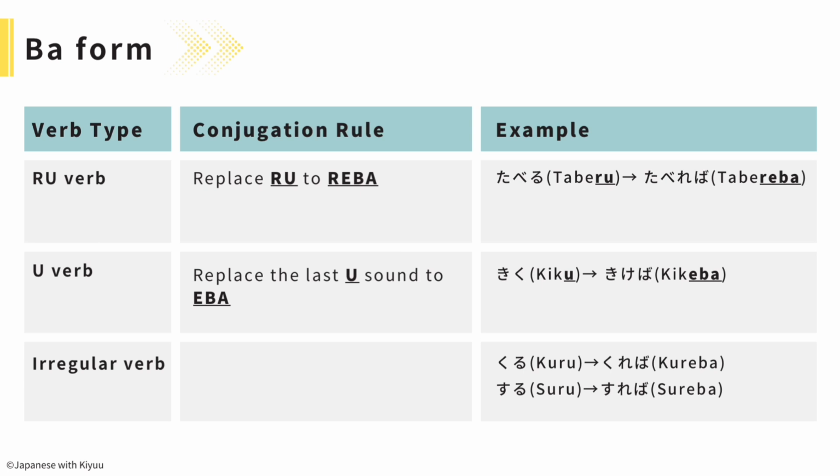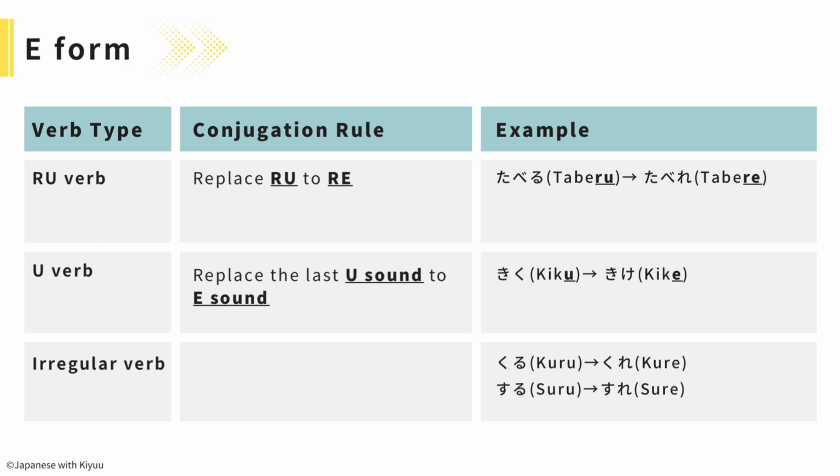ば form: る verb, replace る to れば. For example, 食べる is 食べれば。う verb, replace the last u sound to えば. For example, 聞く is 聞けば。Irregular verb, 来る is 来れば。する is すれば。E form: る verb, replace る to れ. For example, 食べる is 食べれ。う verb, replace the last u sound to e sound.